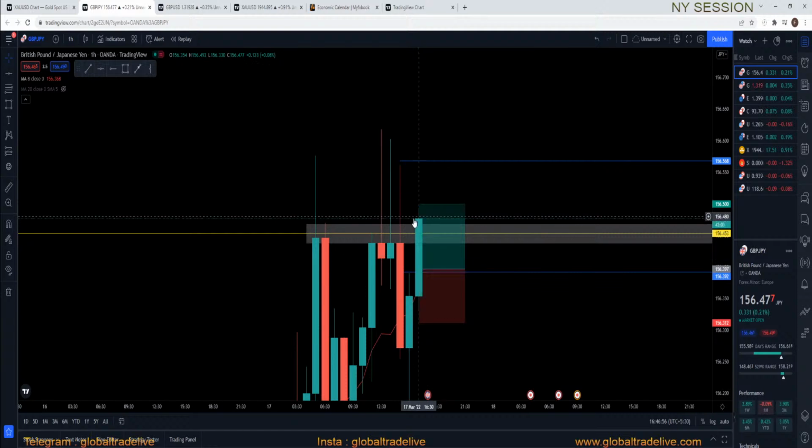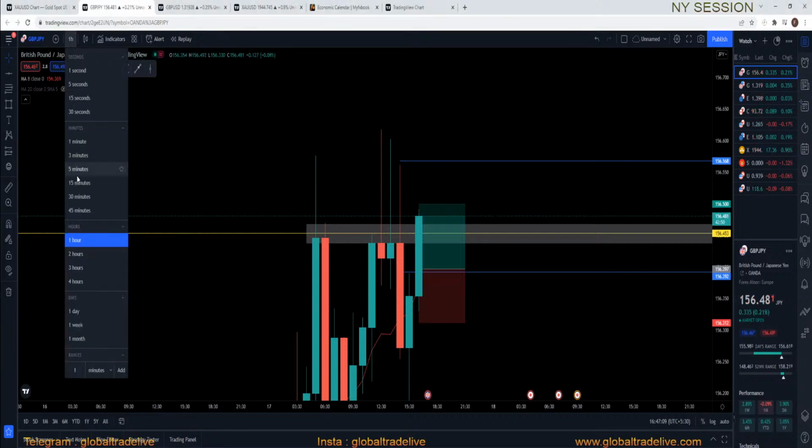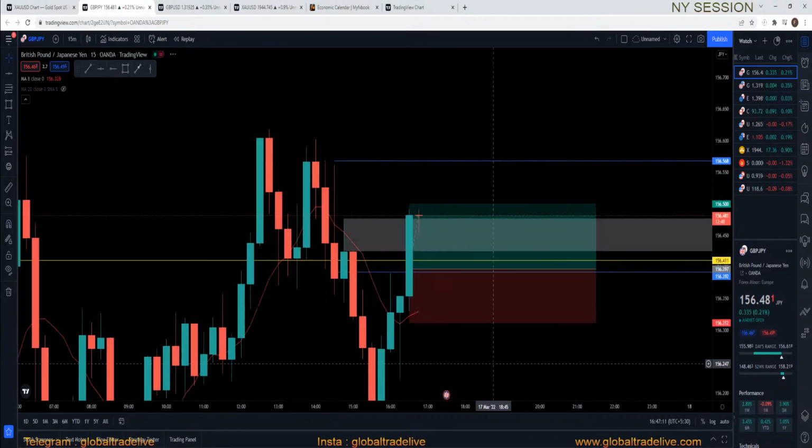Yeah, the 1 hour candle is now leaving this area behind. This 1 hour candle should be filling the previous wicks over here. 9.1 pips tapped, but it didn't break the high of the previous one yet.